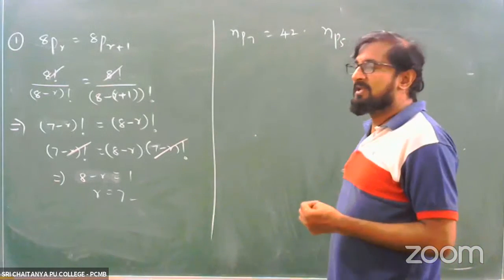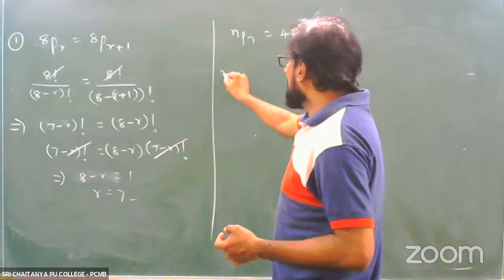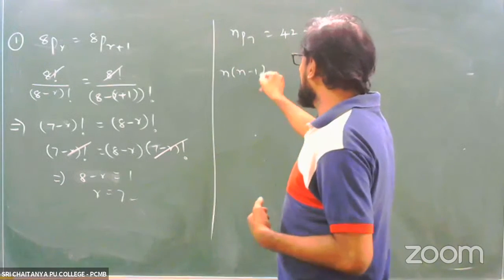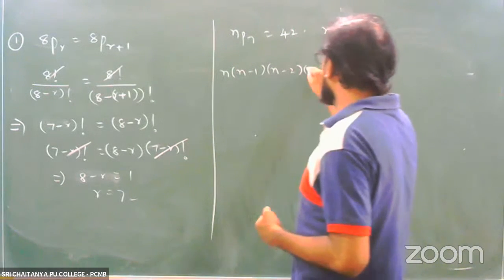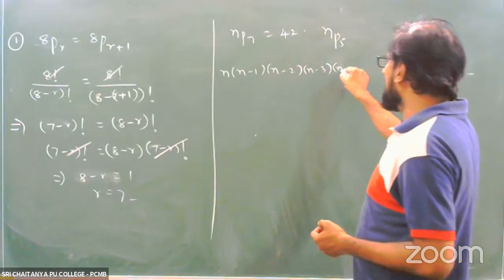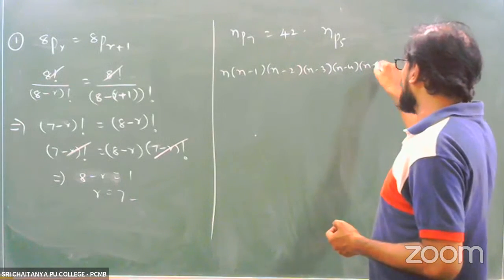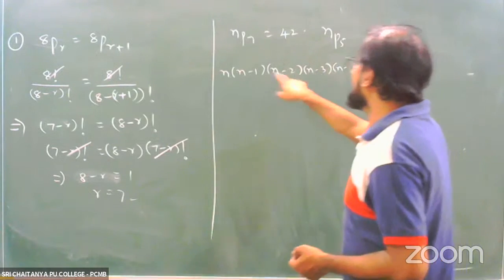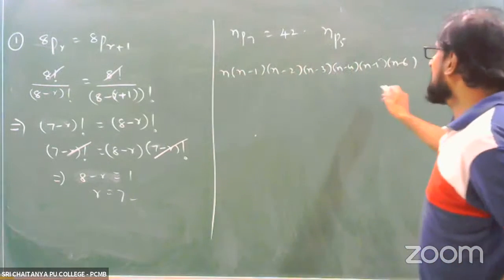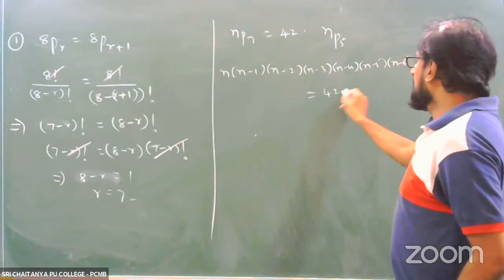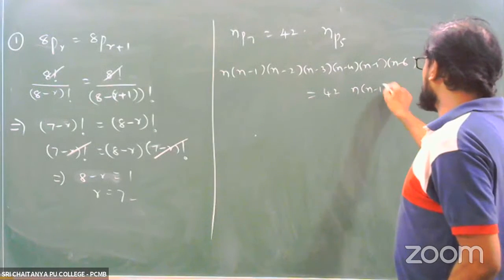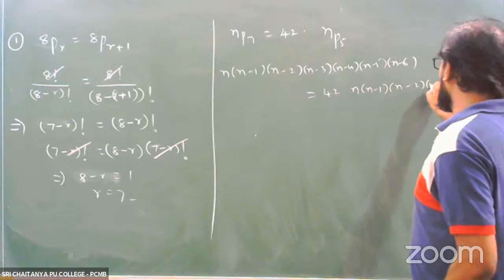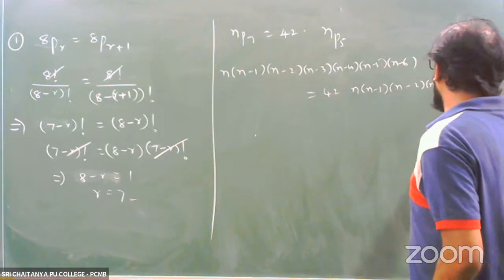The first one, it is normal: N into N minus 1 into N minus 2 into N minus 3 into N minus 4 into N minus 5 into N minus 6. 1, 2, 3, 4, 5, 6, 7 times, right? Is equal to 42 into N minus 1 into N minus 2 into N minus 3 into N minus 4.